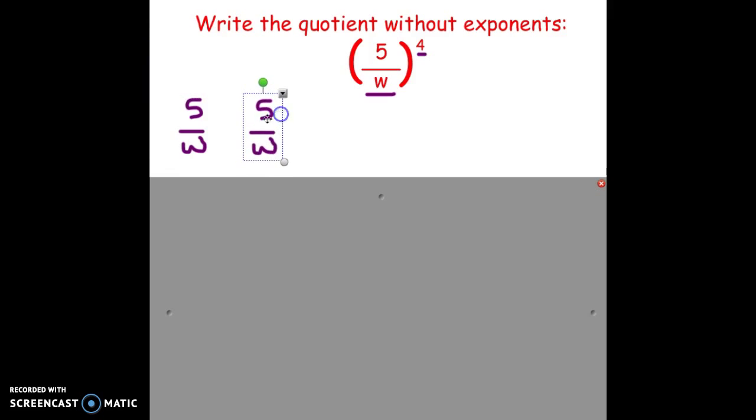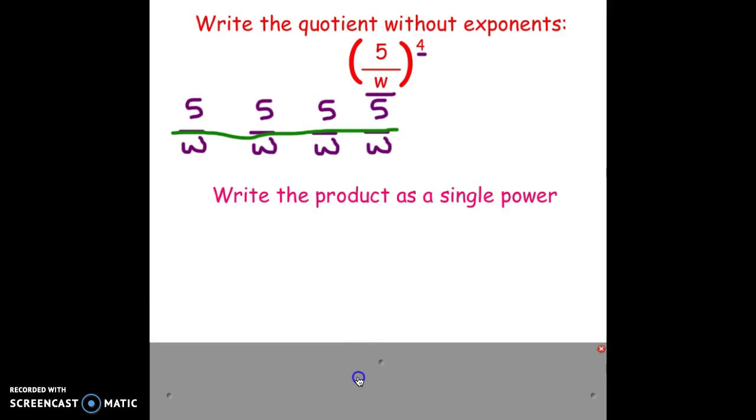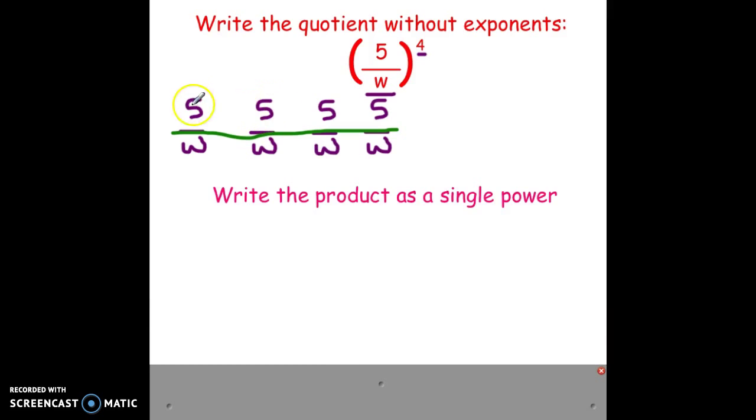There's 5 over W times 5 over W times 5 over W times 5 over W. When you're multiplying fractions, you multiply the numerators together and you multiply the denominators together. So I can think of this as one giant fraction bar. Now to write this as a single power, I've got 1, 2, 3, 4 5s in the numerator, so it's 5 to the 4th. And then I've got 1, 2, 3, 4 W's in the denominator, so that's W to the 4th.